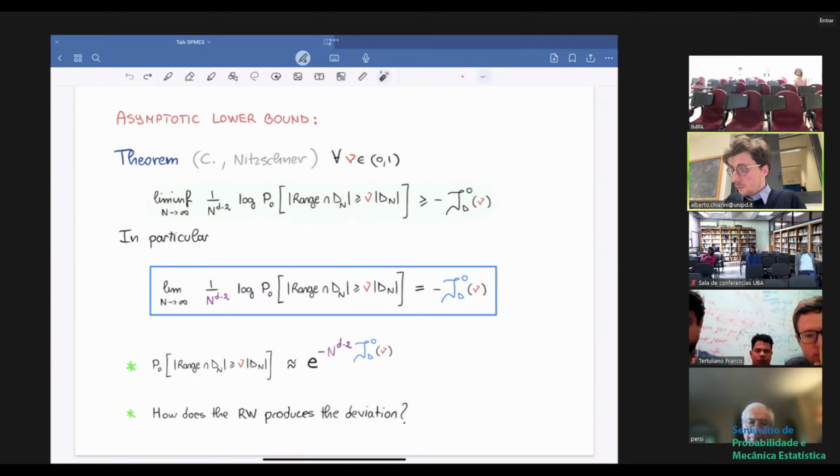So we showed that for all possible nu in (0,1), the log probability of this event divided by 1 over n to the d minus 2 converges to this exact rate.